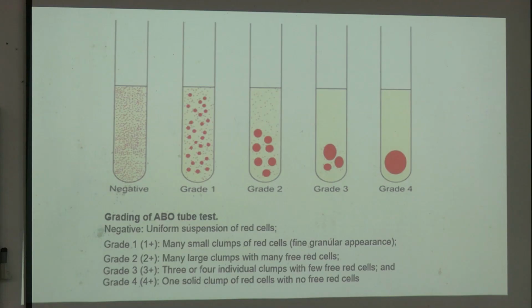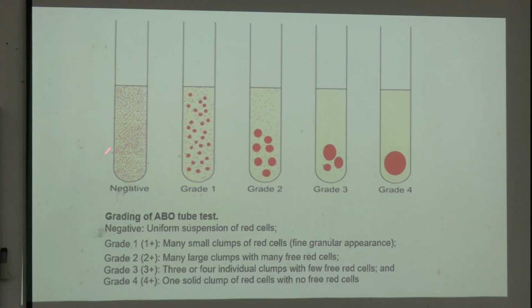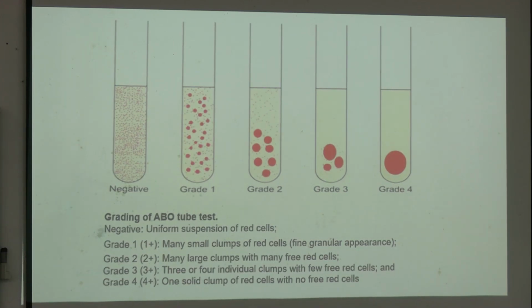Here is how we grade the ABO tube test. As you can see, there are 4 grades and negative. In case of negative, there is uniform suspension of the RBCs. In grade 1, small clumps of RBCs, that means it has a fine granular appearance.